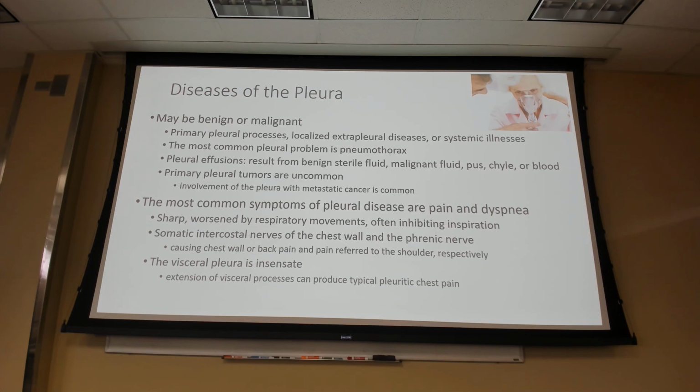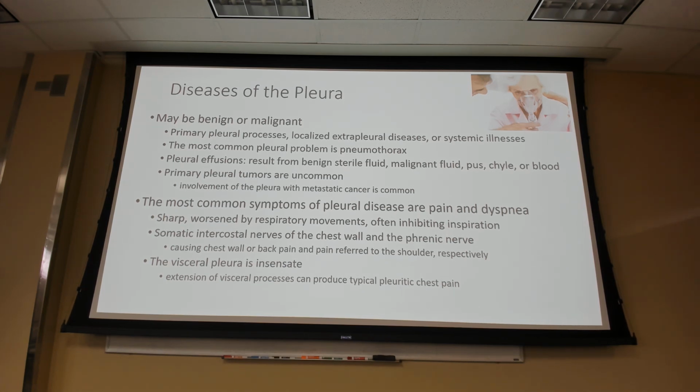All right, so let's talk about some of the diseases here. Obviously we have some that are benign and some that are malignant, and we'll get into different processes here, but typically, for a lot of these, you'll have some sort of systemic illness with it, like when we're talking about pneumonias. Our history is going to be very important, whether they have any history of heart failure, whether they have any sort of liver disease.